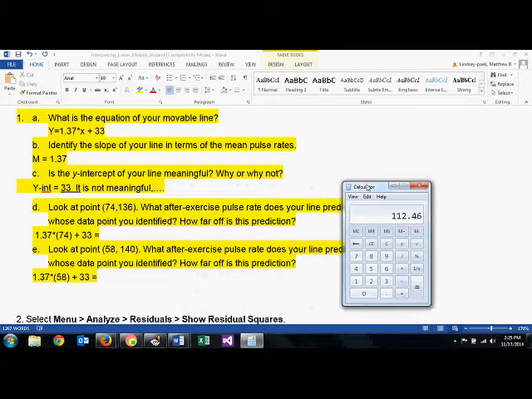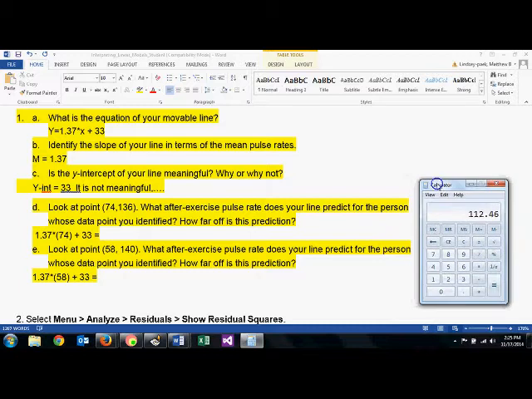So I want you to explain what after-exercise pulse rate your line predicts for the person whose data point you identified. Again, you're going to use this data point, but you're not going to use my formula, you're going to use the formula that you came up with up here. And then the next question I want you to answer is, how far off is the prediction?